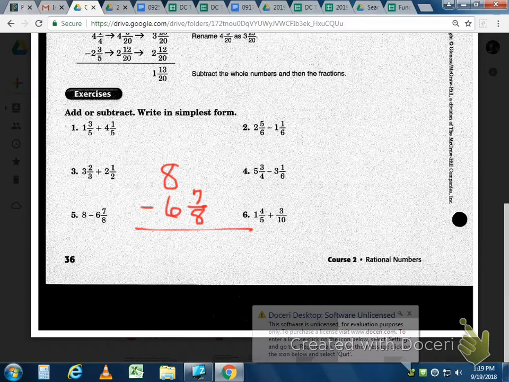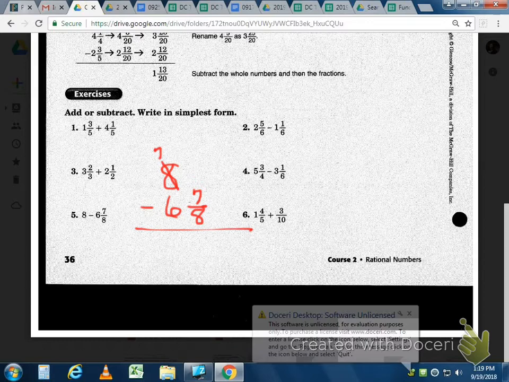So let's borrow 1 from this 8 and make it a 7. The question is, what do we put in the fractional spot? That 1 that we borrowed could be different for every problem.